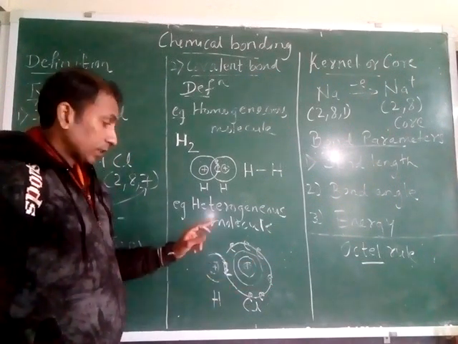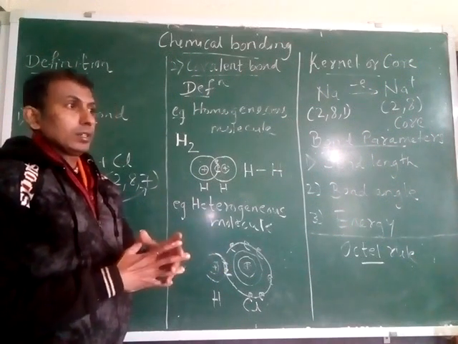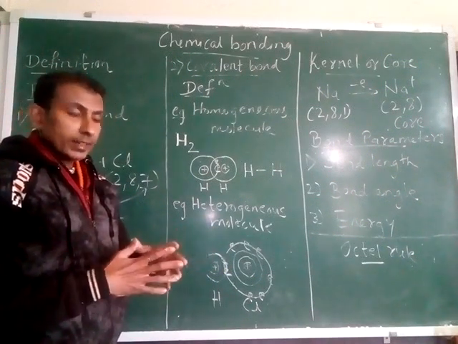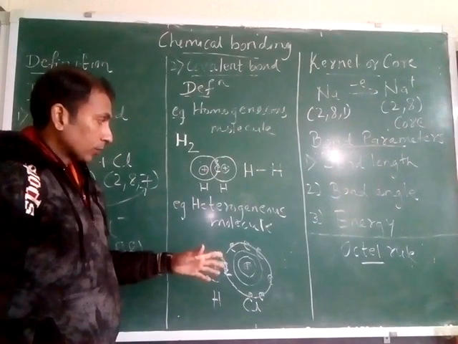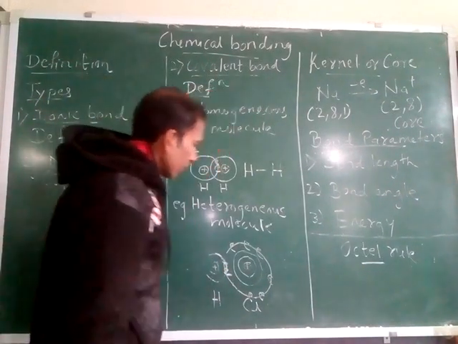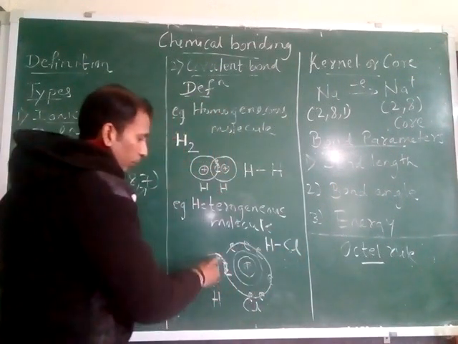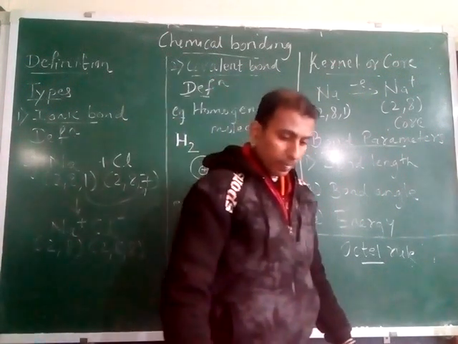So after sharing one pair of electrons between each other, and here also the bond formation we can show like this, H-Cl, single covalent bond, because one pair of electron is shared.